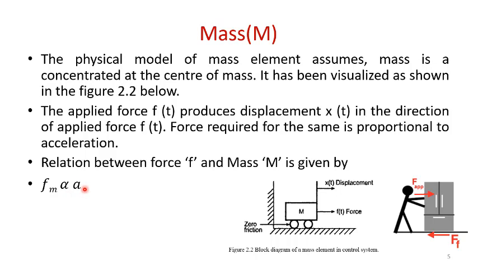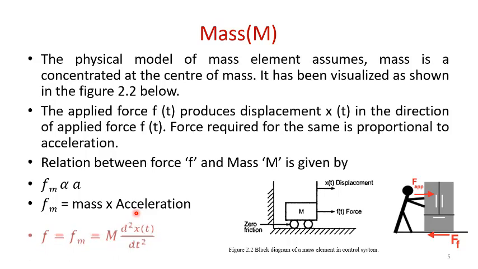Acceleration is the derivative of velocity, so it is also called d by dt of velocity. When we remove the proportionality sign, we get the constant, that is mass. Mass remains constant. So Fm is equal to mass into acceleration.